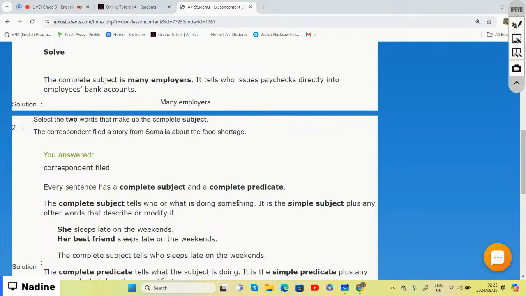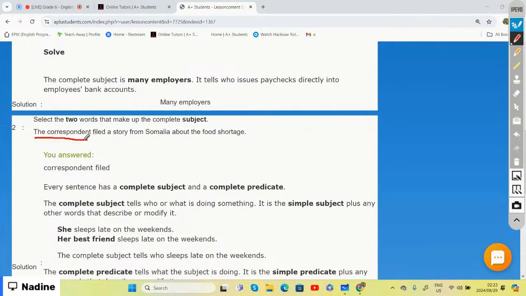So we need to select the two words that make up the complete subject. If we select the correct words, we would say the subject is the correspondent.